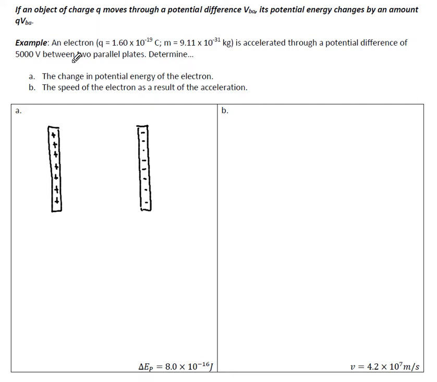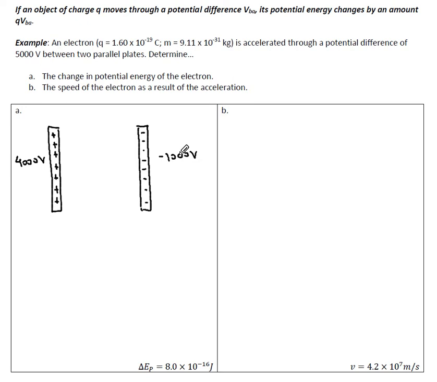In this case, it says an electron is accelerated through a potential difference of 5,000 volts between two parallel plates. When you draw this, it could be like this is 5,000 volts, and that's 0 volts. The key thing is the difference of 5,000 volts. I could have just as easily said that this is 4,000 volts, and this is negative 1,000 volts.